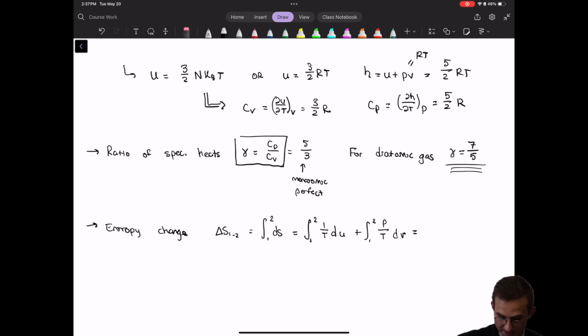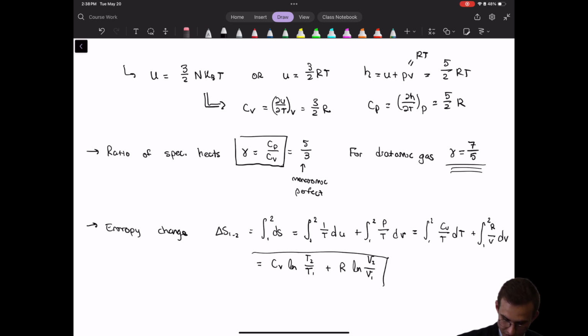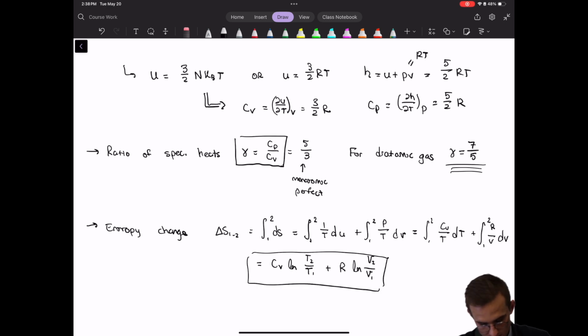We can rewrite dU as Cv dT. So the integral from 1 to 2 of Cv over T dT plus, using the ideal gas law, R over V dV from 1 to 2. And so what you get is Cv natural log of T2 over T1 plus R natural log of V2 over V1. And there's a lot of ways that you can actually recast this using the ideal gas law and other equations. But that's one way that you can express the entropy change.